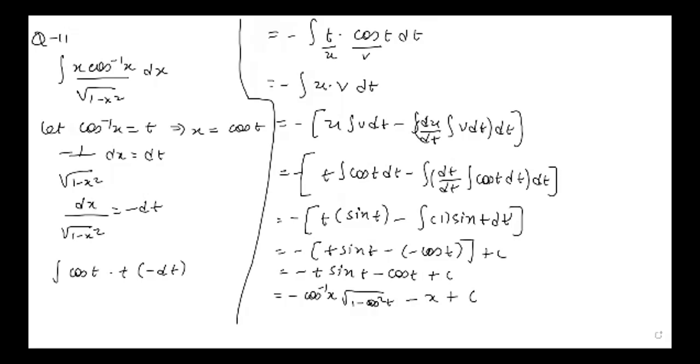Now I will keep the value of cos square t as x square, minus x plus c. So my final answer is minus root 1 minus x square cos inverse x minus x plus c. This is my final answer.